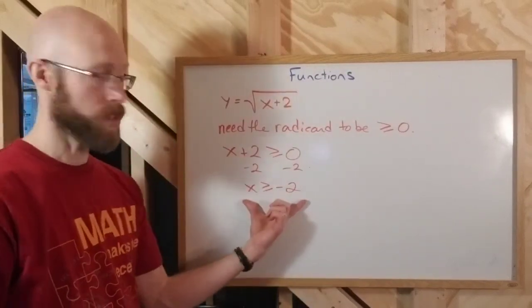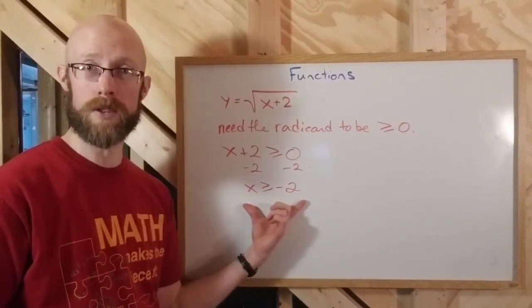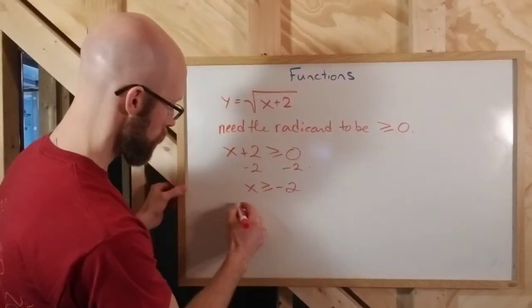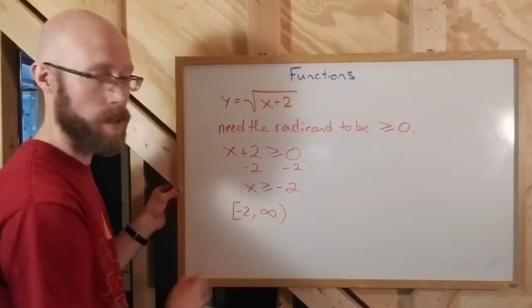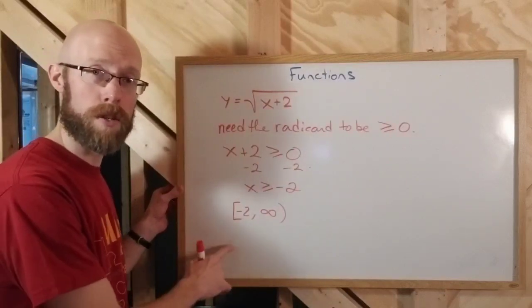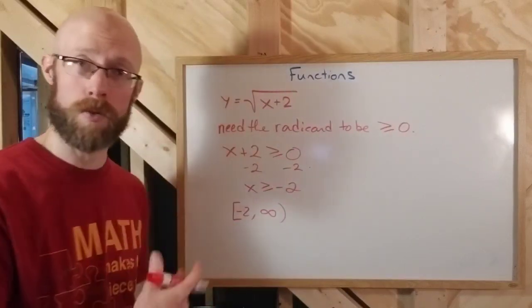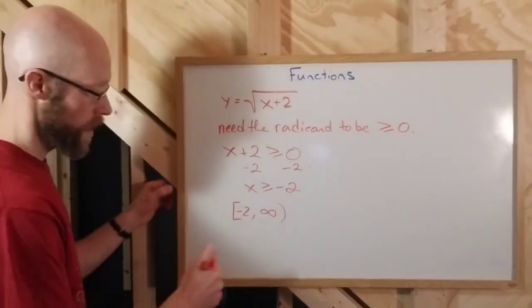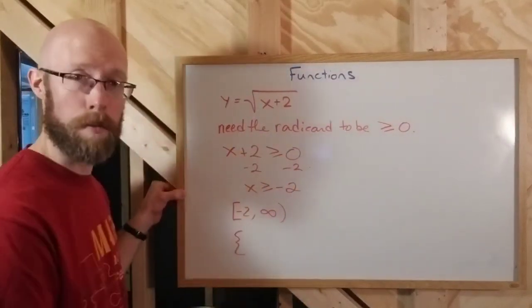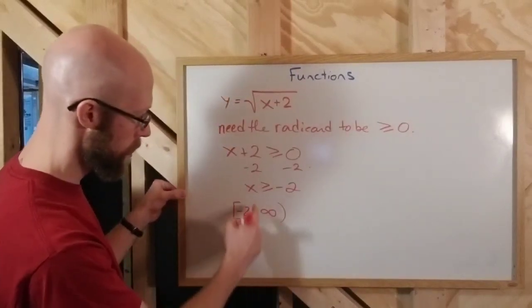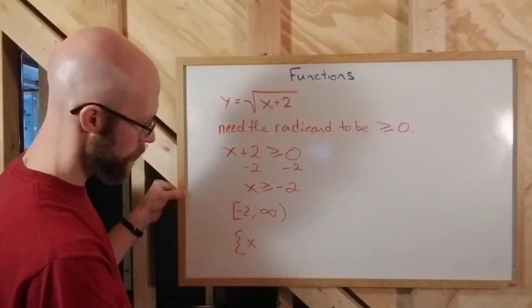Now, again, this could be written in two different ways. You could have the interval form, which is just all numbers from negative 2 to infinity, everything greater than or equal to negative 2. And notice the bracket on the negative 2 means you include that endpoint. And then you could also have the set form, like we had a moment ago. We're going to have our braces on each side. X is the variable.